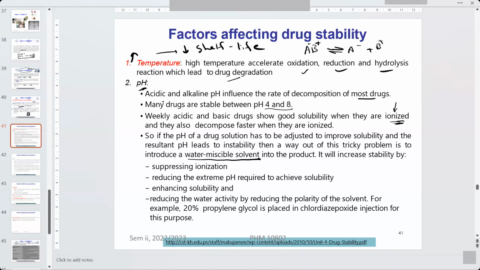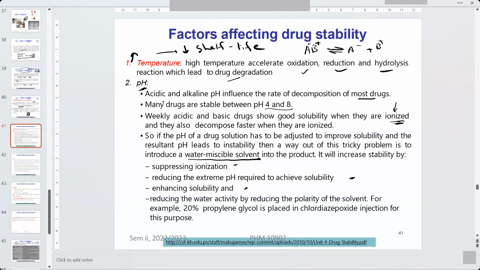So this solvent will help to solubilize the drug product, and it will also suppress the ionization, reducing the extreme pH required to achieve solubility. It will enhance the solubility at the same time without adjusting the pH to make it very ionizable. They reduce water activity by reducing the polarity of the solvent.